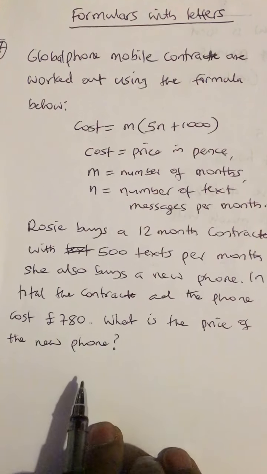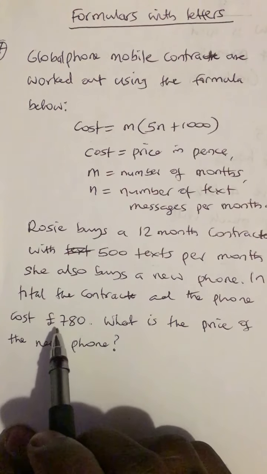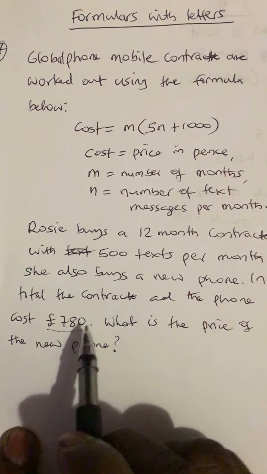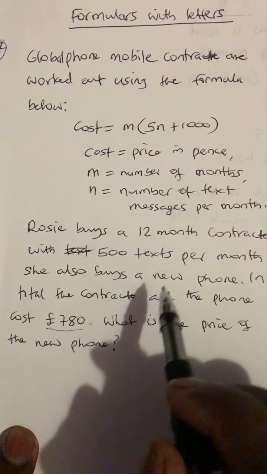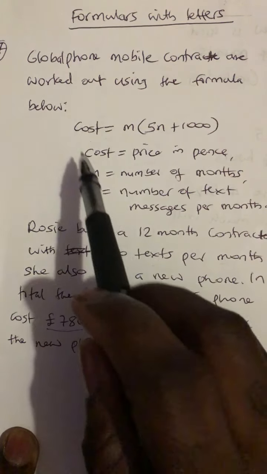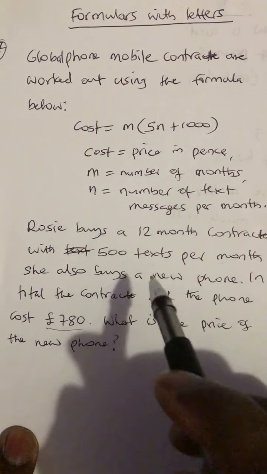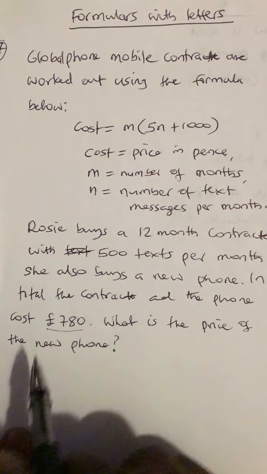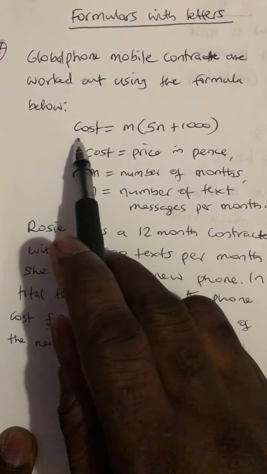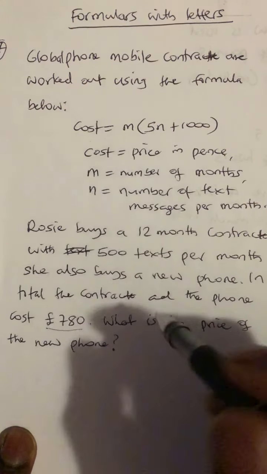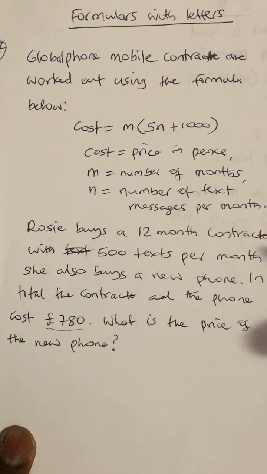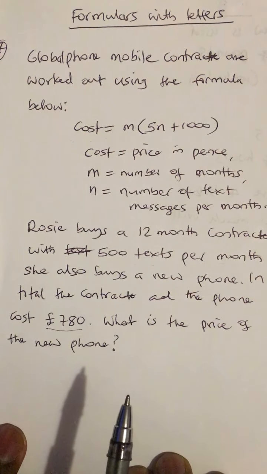So first of all, the total price she pays is £780, and we are told that the price she pays includes the cost of the contract and the price of the new phone. So we first calculate the cost of the contract, and then we can proceed to find out what the phone cost her extra.